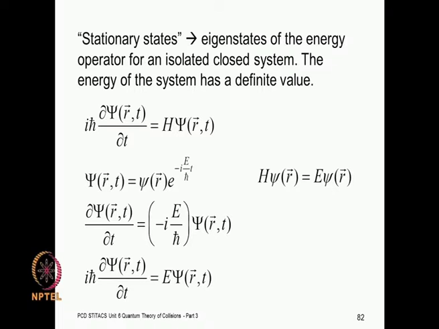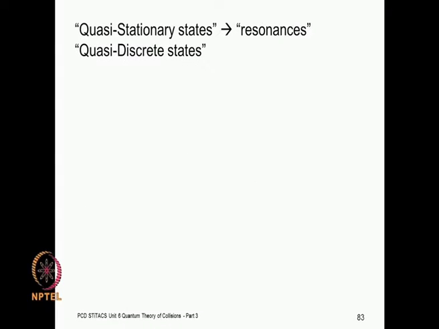So the lifetime comes from that, not from the solution of the Schrodinger equation for an isolated system. The Schrodinger equation for an isolated system will always give you, for bound states, sharp energy levels which will have infinite lifetimes. So now you will have these quasi-discrete states because of the presence of the environment.